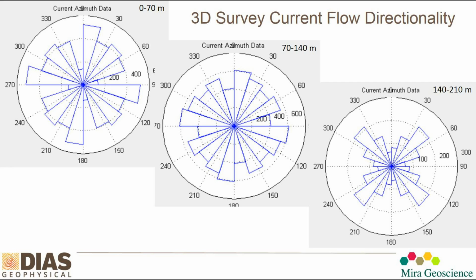In middle depths, it's a very even directionality. And then at great depth, you can see the effects of the corners of the survey area, northwest to southeast and northeast to southwest. A good way to understand how well your survey design is planned for 3D information.